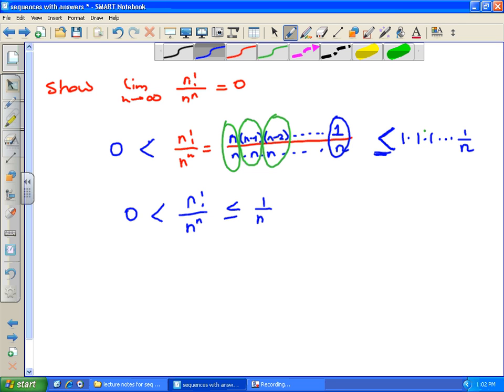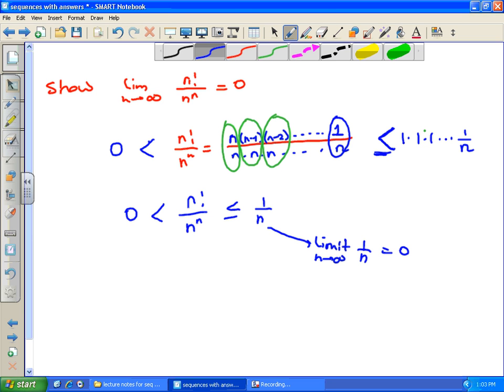Now, what do we know about the limit of this? What is the limit of 1 over n as n goes to infinity? Would everybody agree that's 0, right? The bottom grows and the top is a constant. So the quantity you're trying to prove is squeezed between 0 and 0.